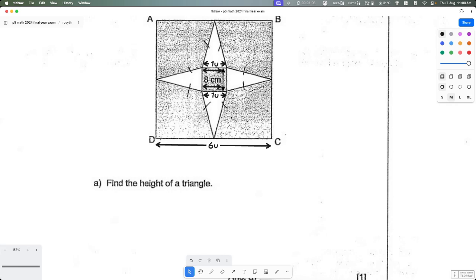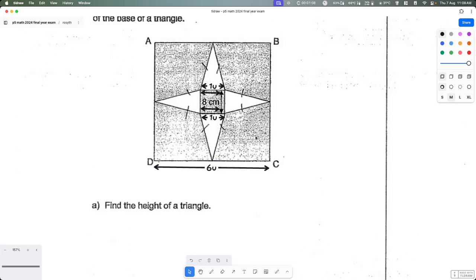Okay, so find the height of the triangle. So where's the height of the triangle? Is this one, right? So this is the height of the triangle. Okay, over here. So I'm gonna draw this one, maybe dot dot dot. So this is the height of the triangle. Okay, something like this.